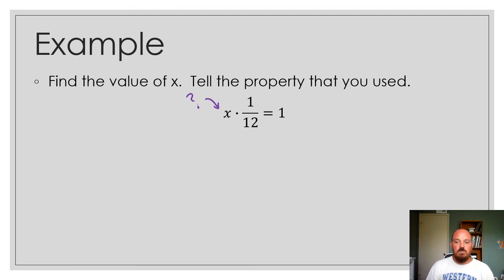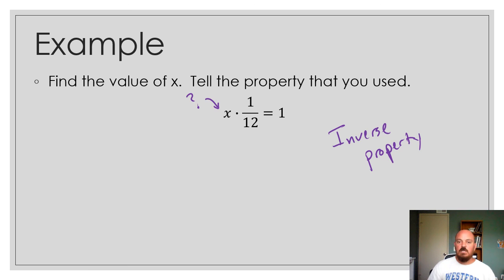Now, if I'm multiplying by anything, really, and the answer is 1, what I'm using is the inverse property. Because remember, the inverse property is where you multiply and cancel. And for canceling when you're multiplying, it means the answer is 1.